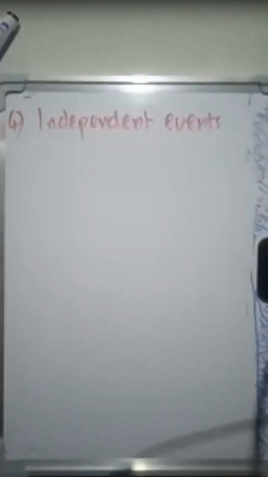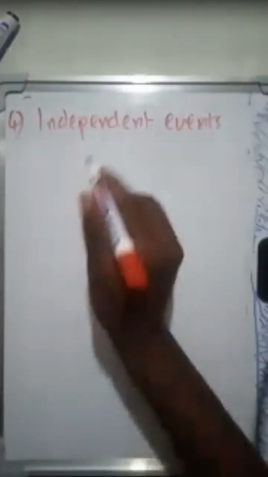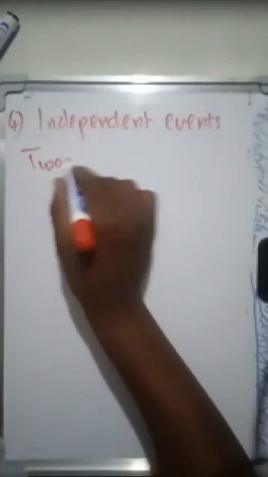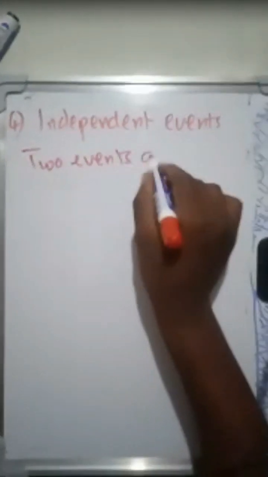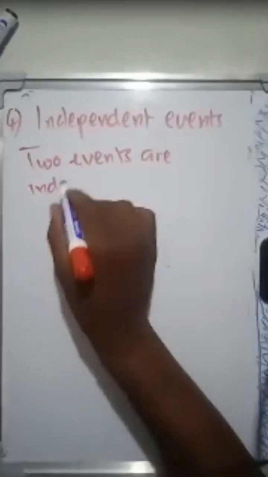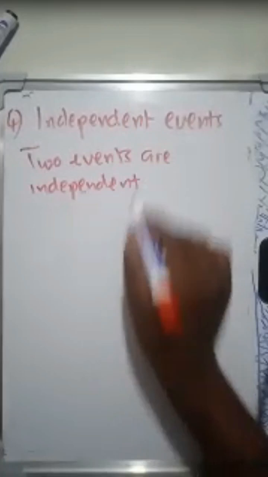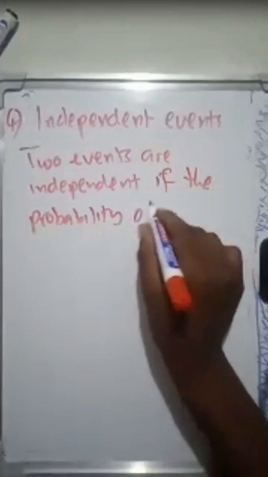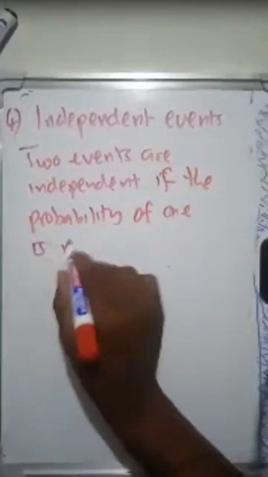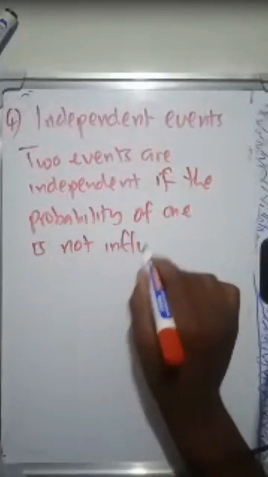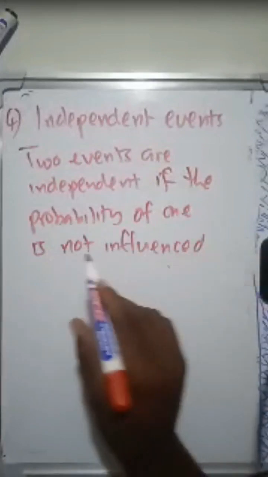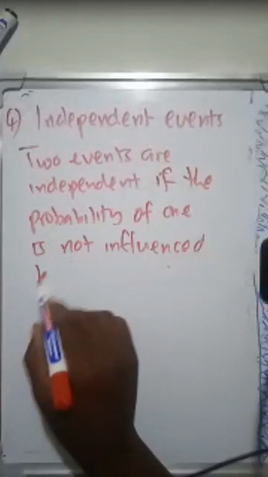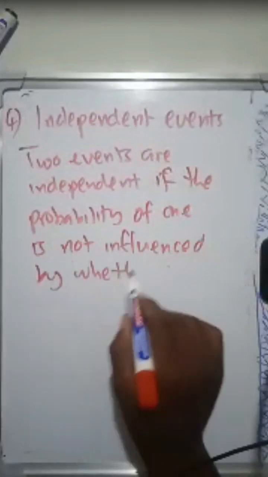Two events are independent if the probability of one is not influenced by whether the other happens or not.